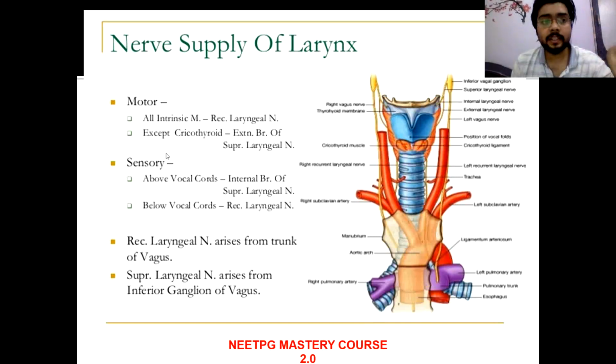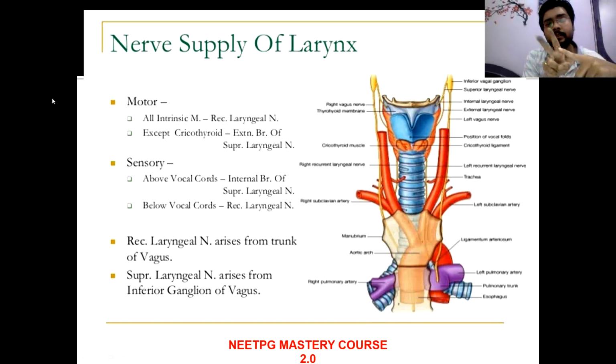Now let us revisit the nerves of the larynx in an easy way, because most of the time students get confused with the nerve supply. I am telling you the easiest way to remember it. There are two branches of the vagus: one is the superior laryngeal nerve, another is the recurrent laryngeal nerve.